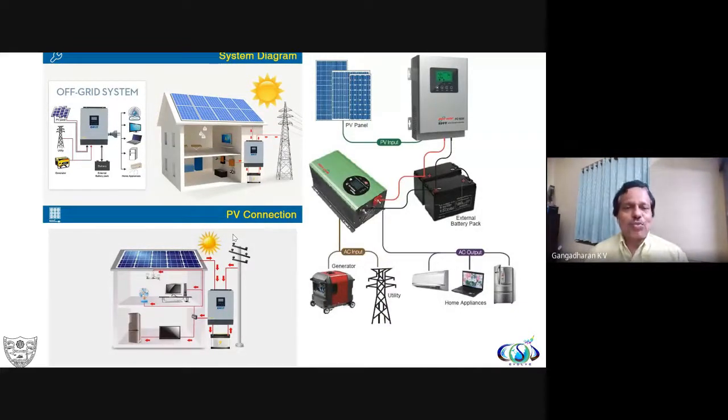So we started looking at what a solar panel is, how it is connected, what an off-grid system is, what an on-grid system or net metering is, and how these connections work. These basics were essential for us to understand what kind of fault can occur, how we look at it, and how we can detect the fault in a very simple way.